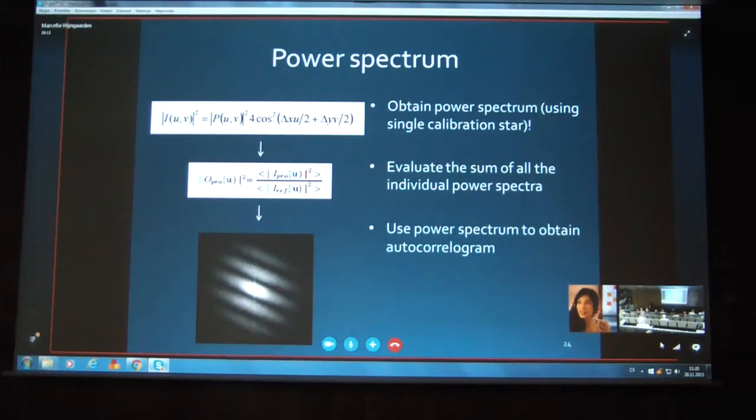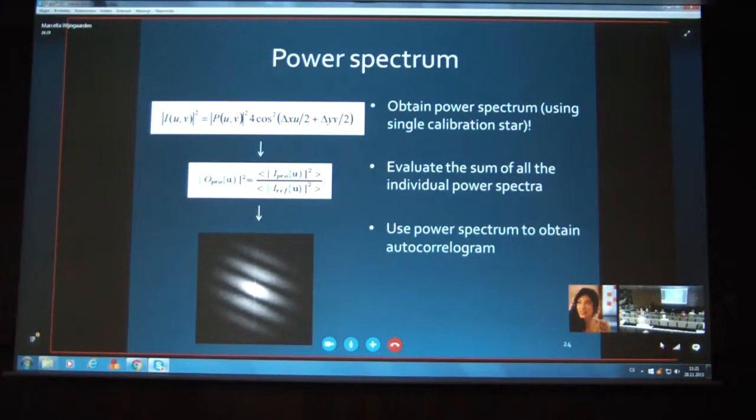And the resulting image you see below, and this is called the power spectrum. And here you see how there are fringes with light and dark bands, and these are described by cosine functions such as we are seeing above.